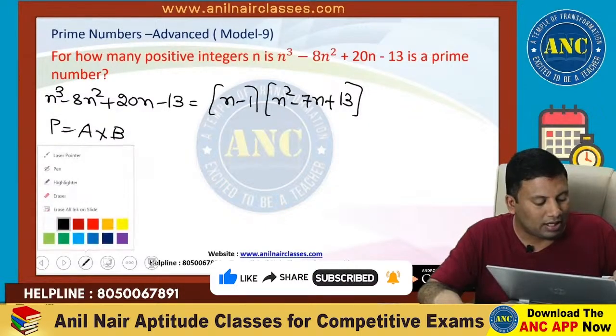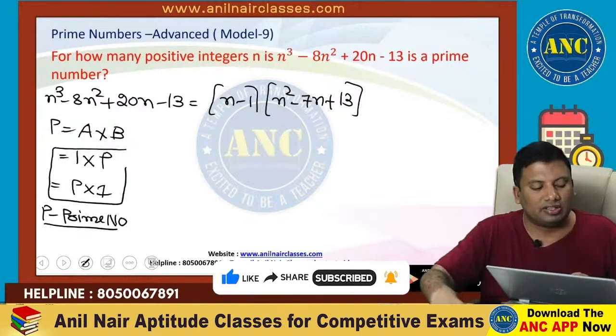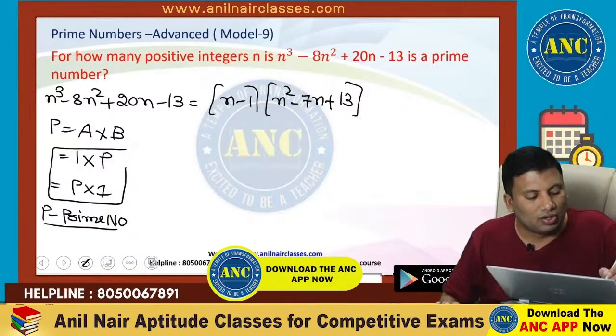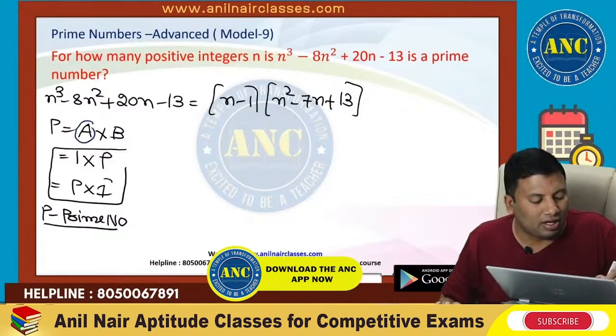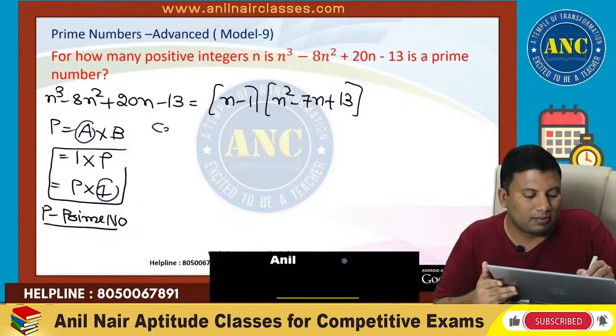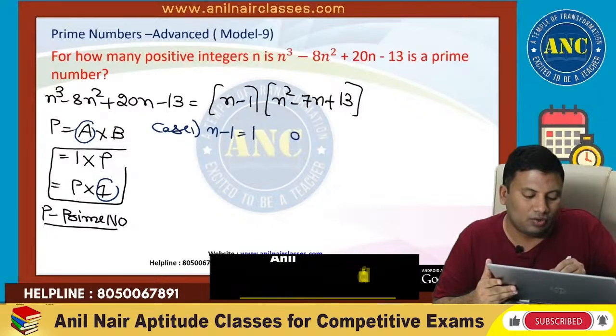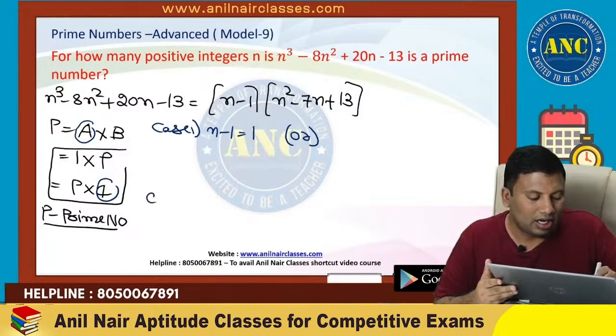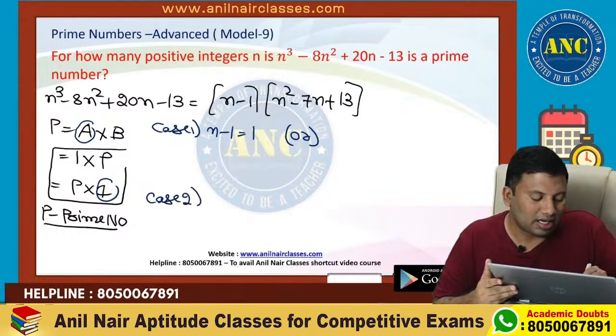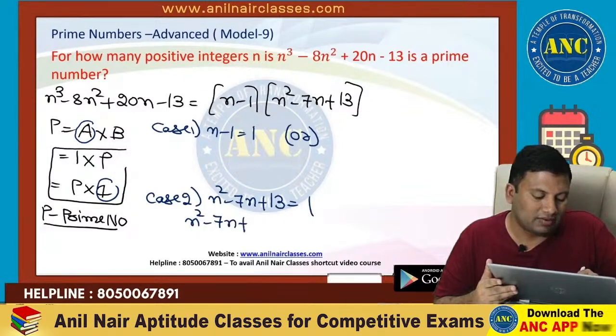A prime number has got only two distinct factors, 1 and itself. So either a can be 1 or b can be 1. Case number 1, either n minus 1 equivalent to 1, or case number 2, the second factor can be 1: n square minus 7n plus 13 equivalent to 1. So n square minus 7n plus 12 equivalent to 0.